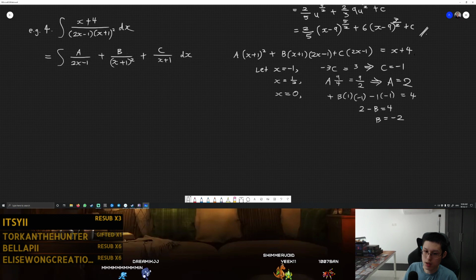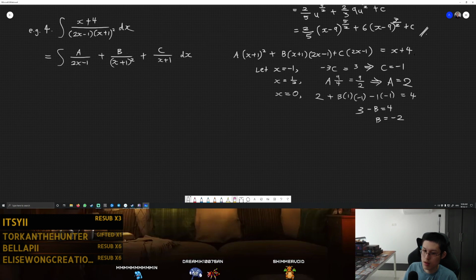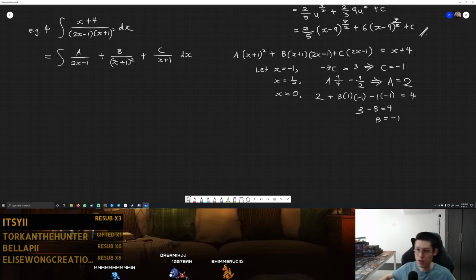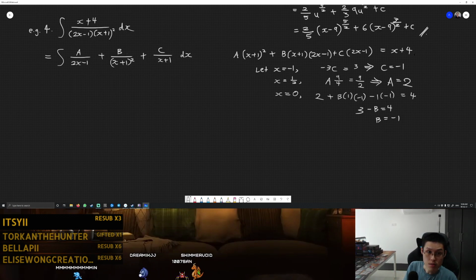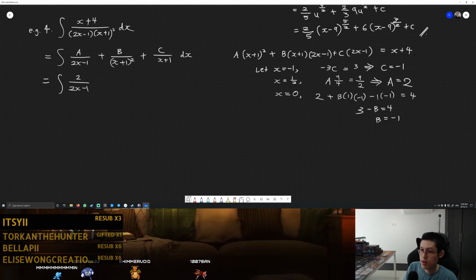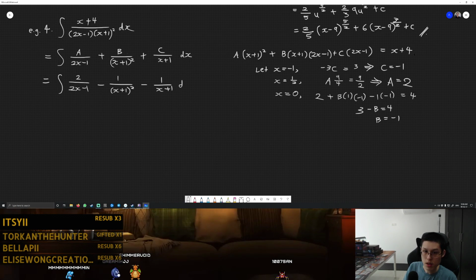Which means this should be a 2, this should be a 3, and this should be a 1. There we go. Yeah, okay, that's correct. So, putting that in here, we get 2 over 2x minus 1, minus 1 over x plus 1 squared, minus 1 over x plus 1, dx.